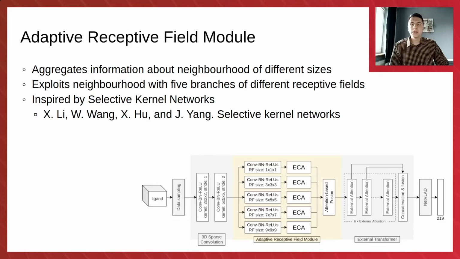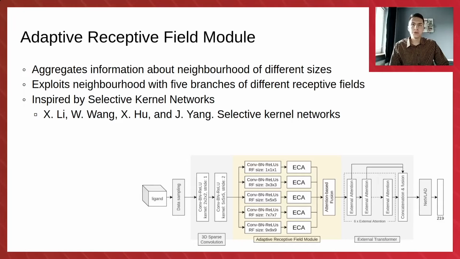The adaptive receptive field module is inspired by selective kernel networks proposed in 2019. As Translog 3D authors claim, its goal is to aggregate information about neighborhoods of different sizes. The input data is passed through 5 parallel branches of different receptive fields, from 1x1x1 to 9x9x9.